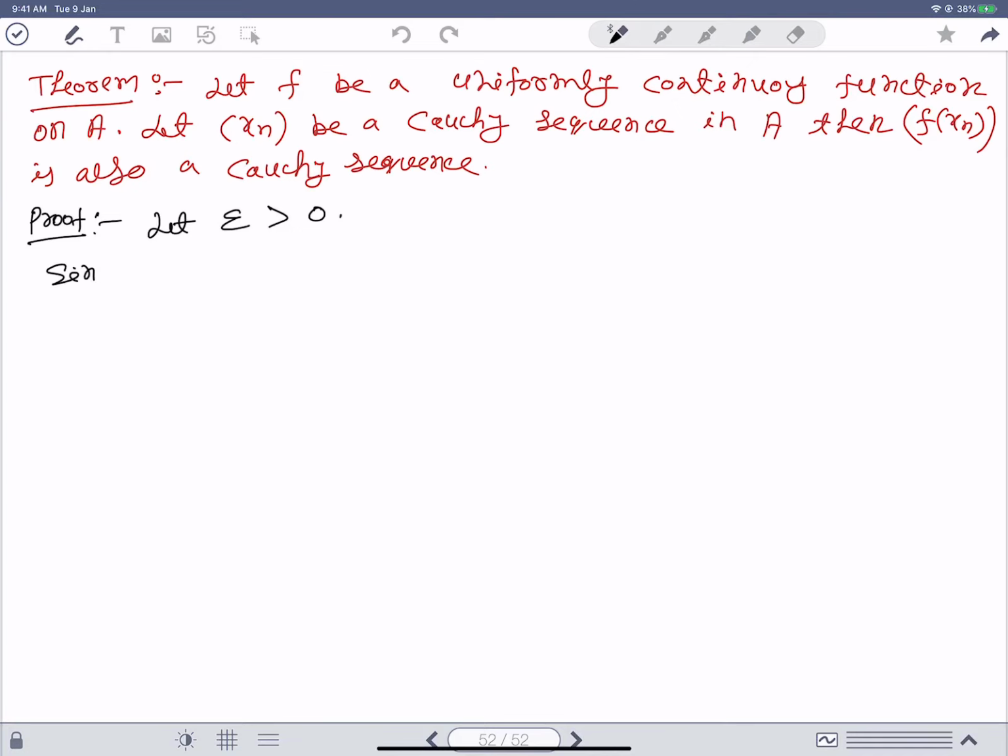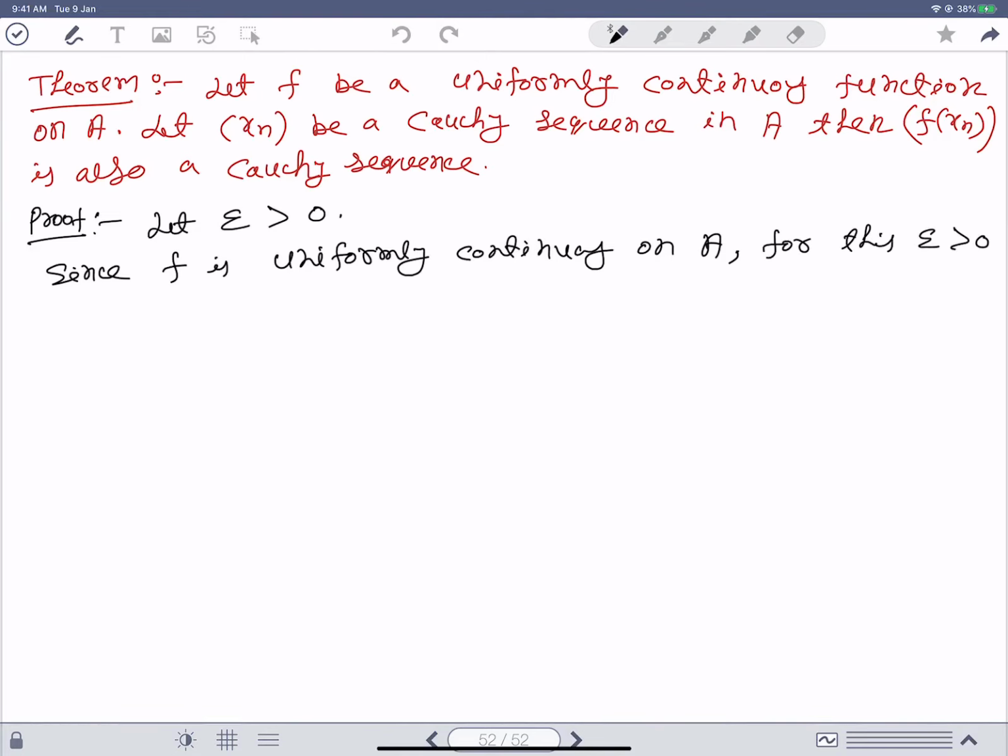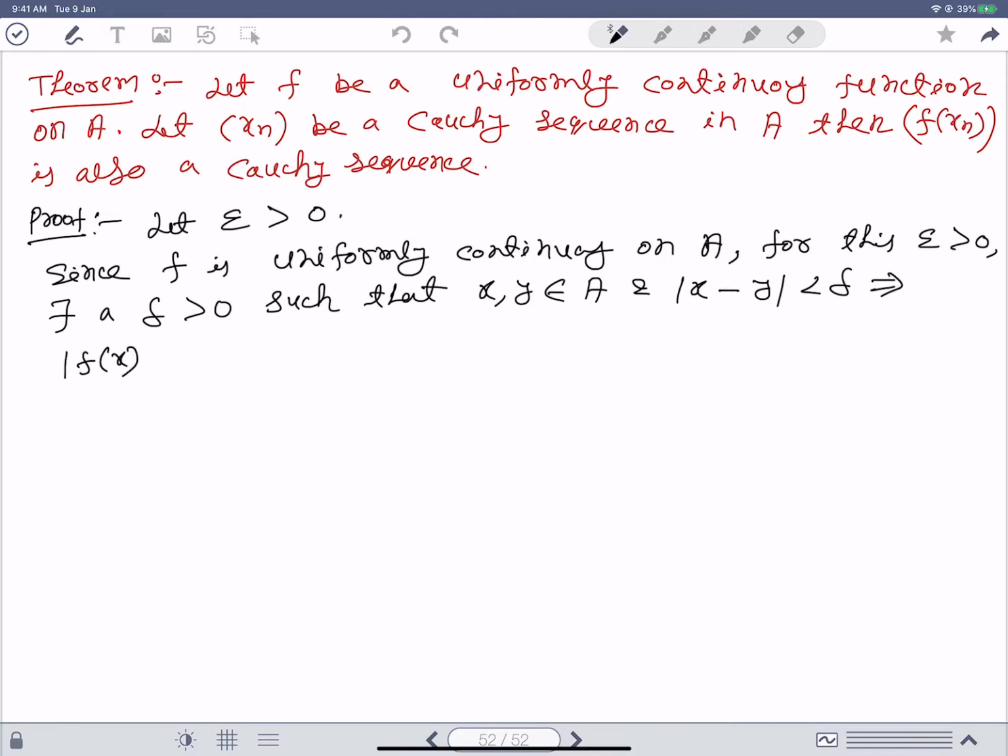Since f is uniformly continuous on the domain A, for this epsilon there exists a delta bigger than 0 such that whenever x, y are two elements in A with |x minus y| less than delta, that will imply |f(x) minus f(y)| less than epsilon.